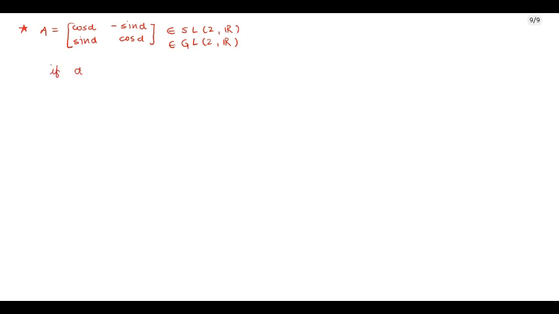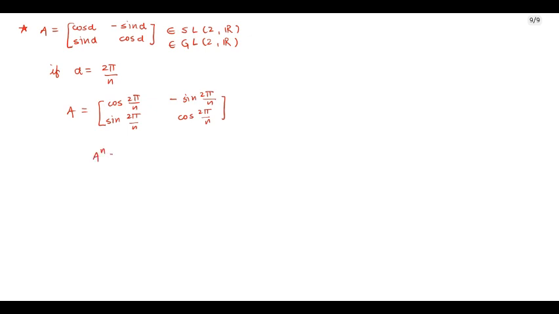If we say alpha is equal to 2 pi upon n, then A is equal to [cos 2 pi by n, sin 2 pi by n; minus sin 2 pi by n, cos 2 pi by n].